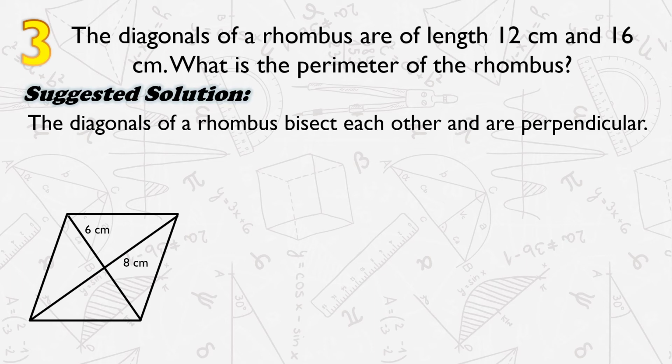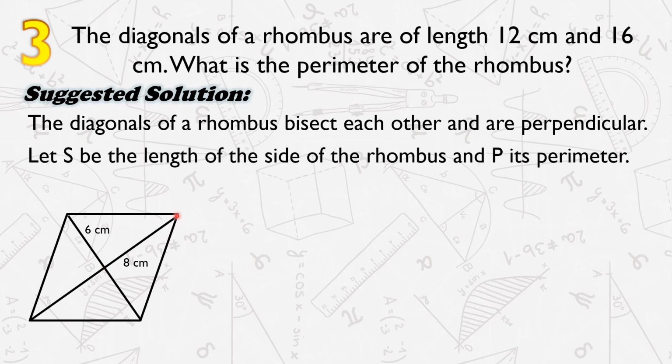Also, since the diagonals are perpendicular to each other, they form a right angle at the intersection point. One side of the rhombus is the hypotenuse of this right triangle, so we can solve for its length.